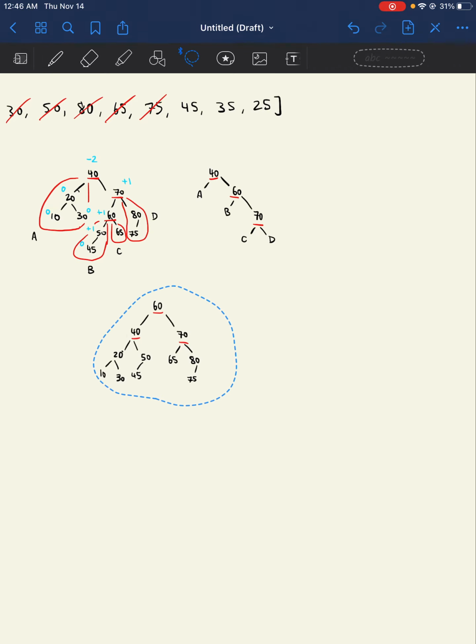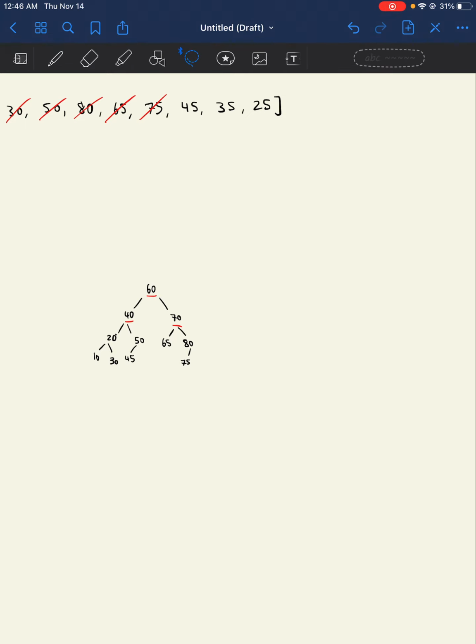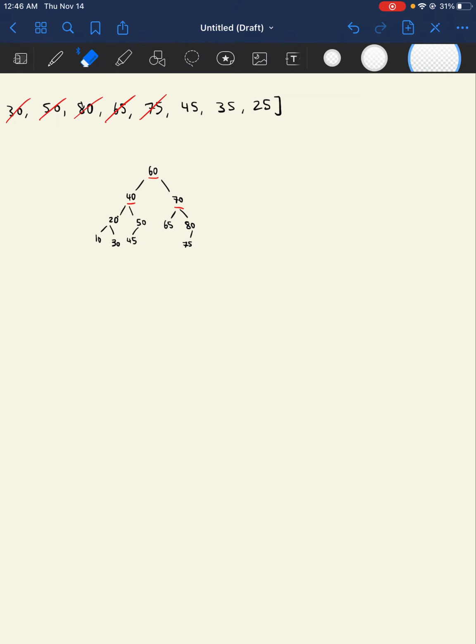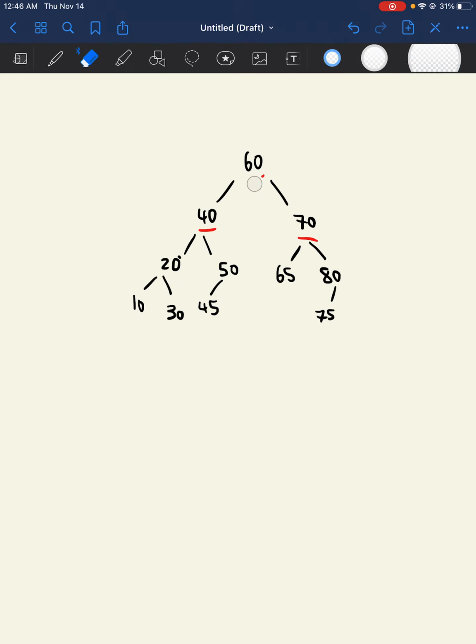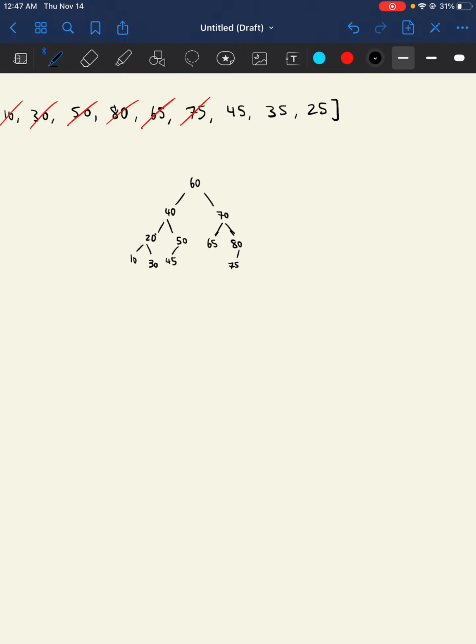Let's erase the old one now and clean things up a little bit. All right, that was 45. 35, bigger than 60? I'm sorry, 35 is smaller than 60. It's smaller than 40. It is bigger than 20, though, and it is bigger than 30, so it'll be down here.